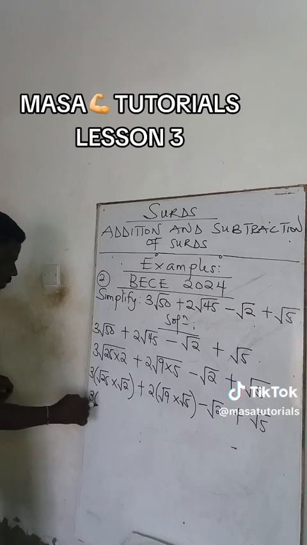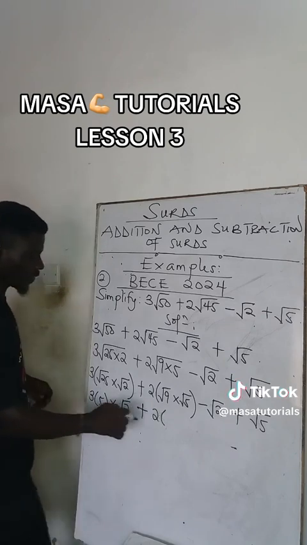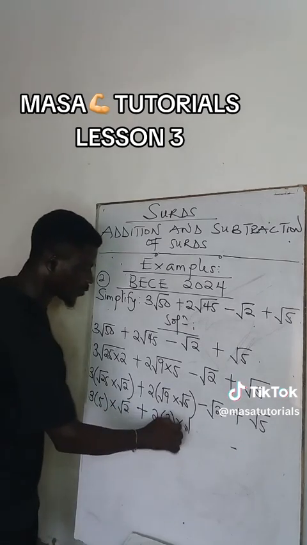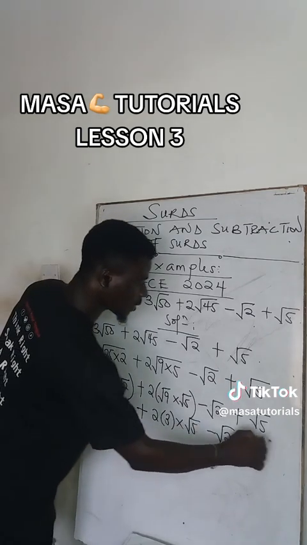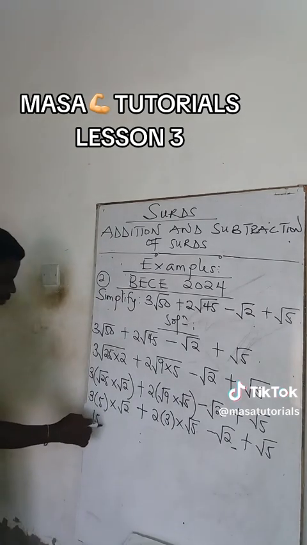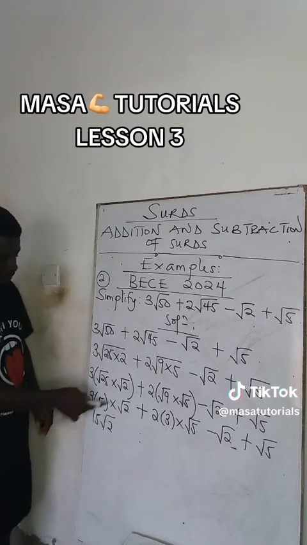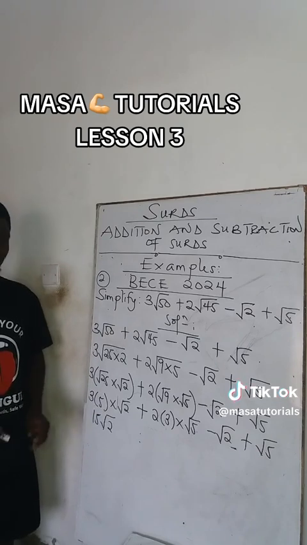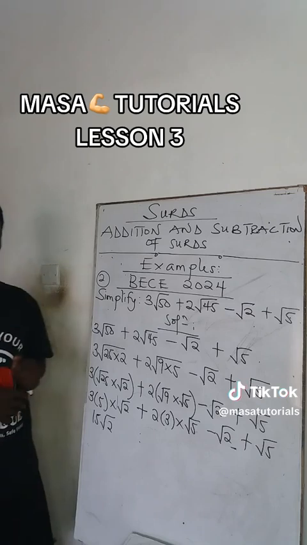Now 3 times square root of 25, we have 5 times square root of 2, plus 2 times square root of 9, we have 3 times square root of 5, minus square root of 2 plus square root of 5. 3 times 5 we have 15. Then square root of 2 is still square root of 2. Don't forget, 15 we'll just multiply the invisible number 1, so you still get 15. 15 cannot multiply 2 because it's not inside the root sign.